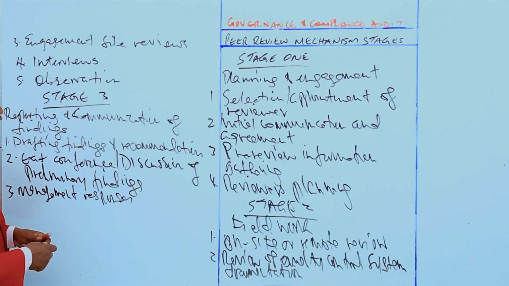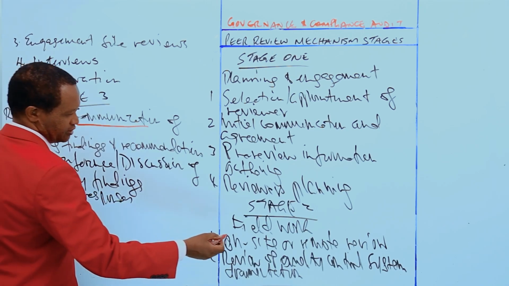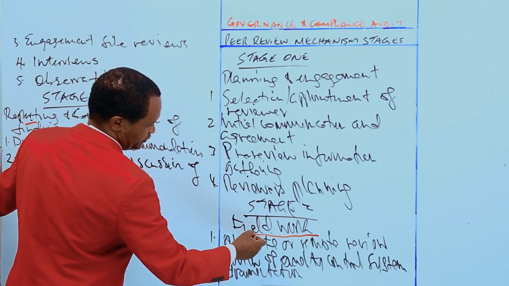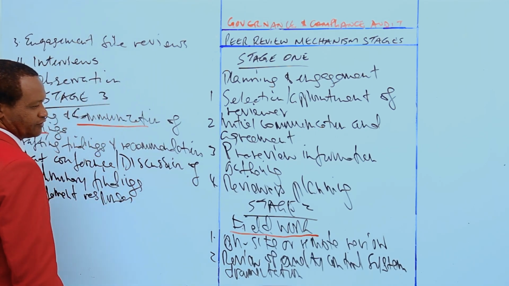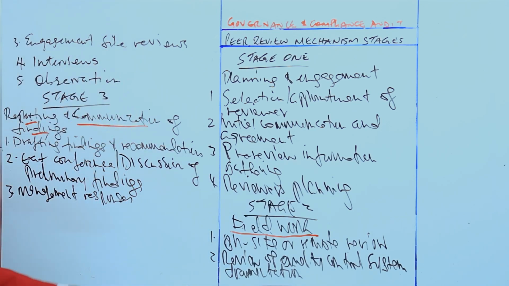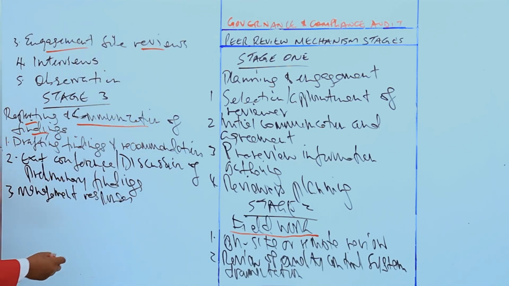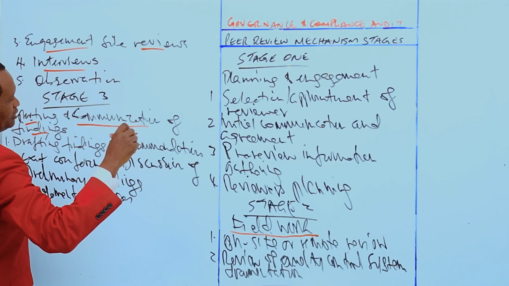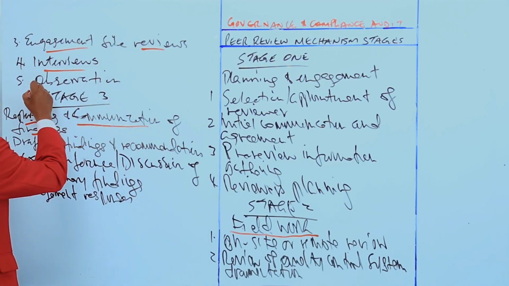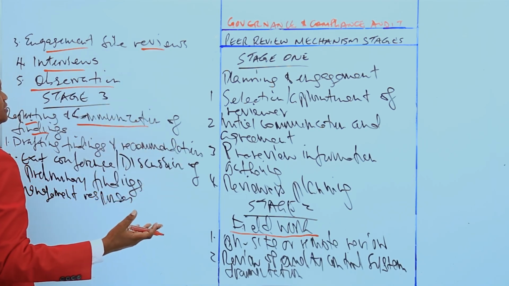So I want you to see the chronology, candidates, at the reporting and communication of findings stage. After the fieldwork, because here the reviewer gathers evidence, after conducting the review of the quality control system, after carrying out review of various engagement files, after holding meetings with the entity that is being reviewed, after observing processes, the peer reviewer gathers enough evidence.